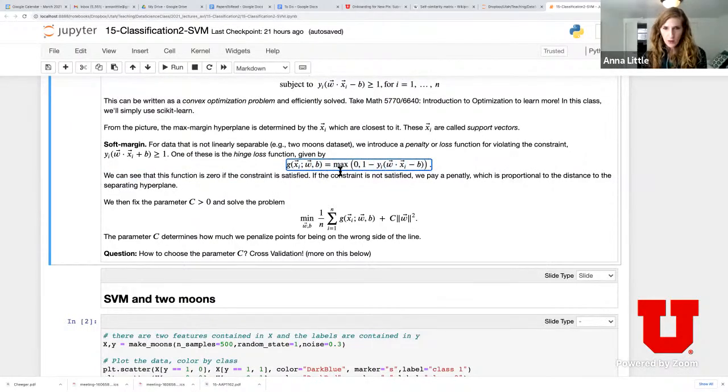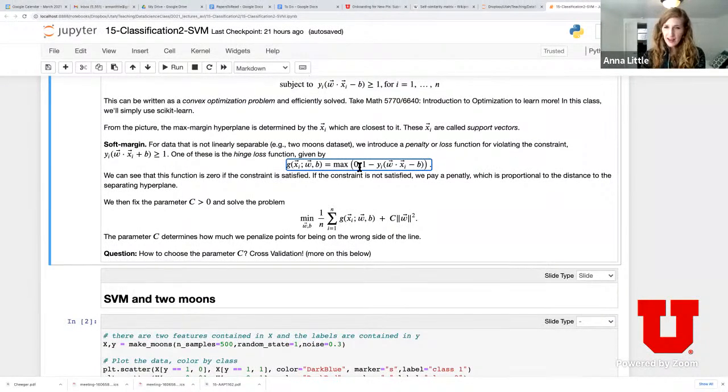Okay, so we're going to be looking at the maximum of 0 and 1 minus yi times the inner product of w and xi minus b. If you look at that loss function for a second, think about it: if I'm correctly classified, so I'm on the right side of the line, then this will come out to be a 1 minus a 1, and you're going to get a maximum of 0. You just get 0. There's no penalty.